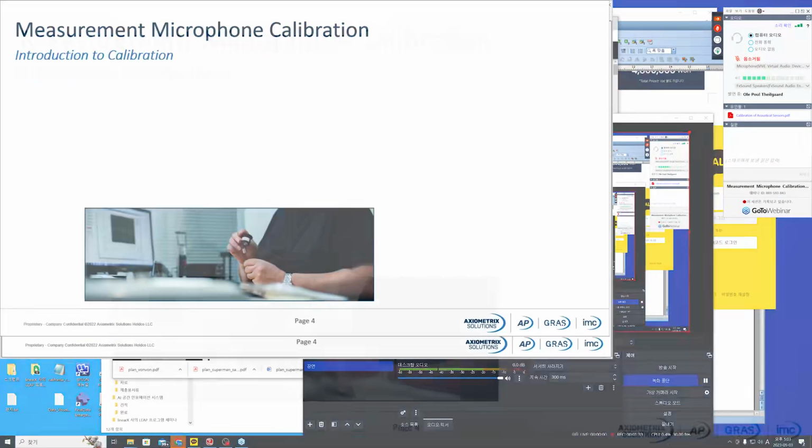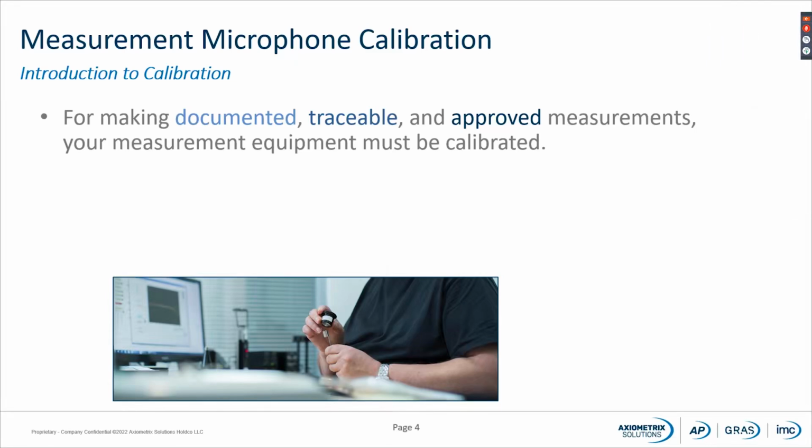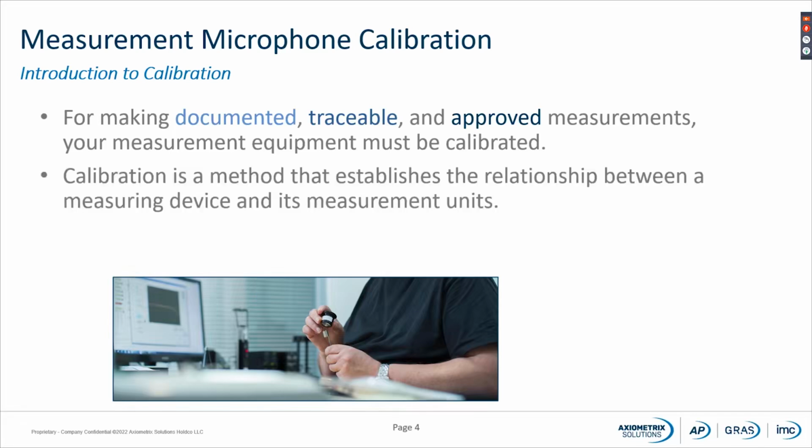Introduction to calibration. For making documented, traceable, and approved measurements, your measurement equipment must be calibrated. Calibration is a method for establishing a relationship between a measurement device and its measurement units.